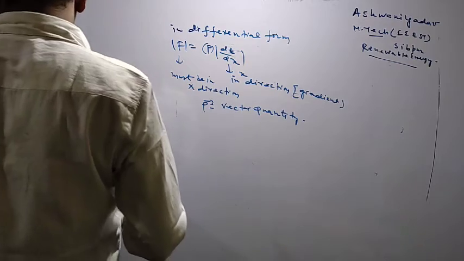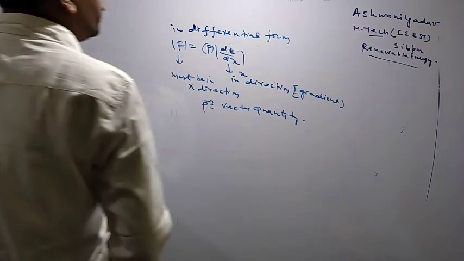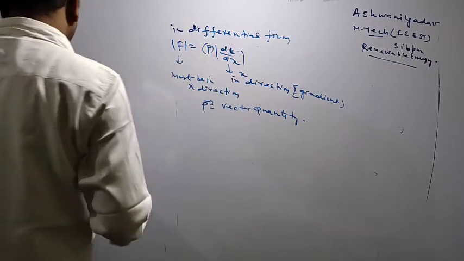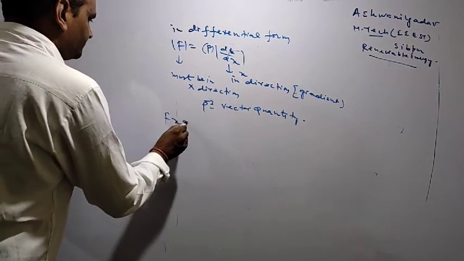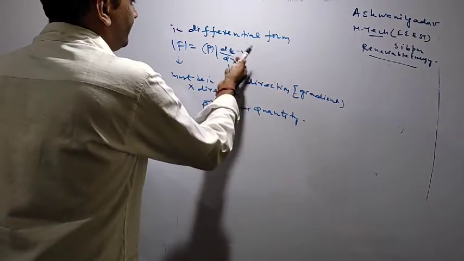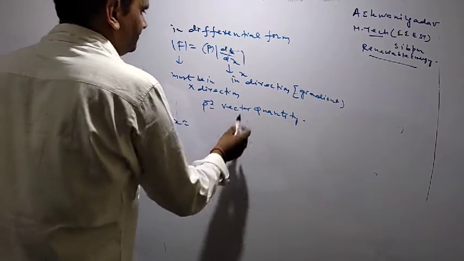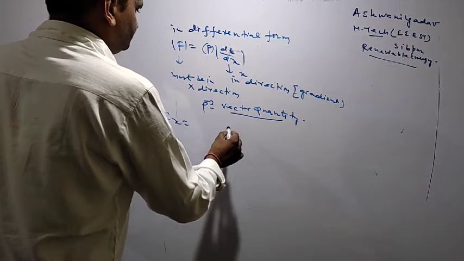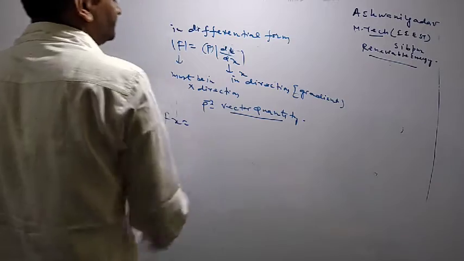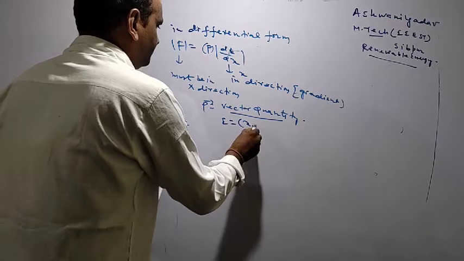So we can generalize this statement of force as F_x, because in this direction E is a function of x only, and P is a vector quantity, so it may be in the x direction or y direction, and the electric field E may be a function of x, y.